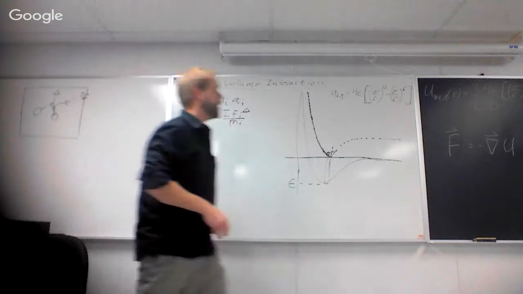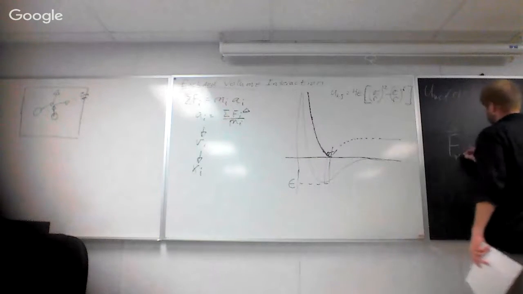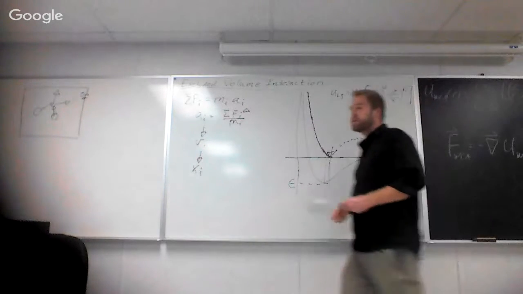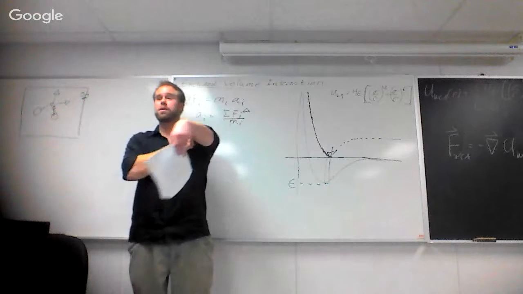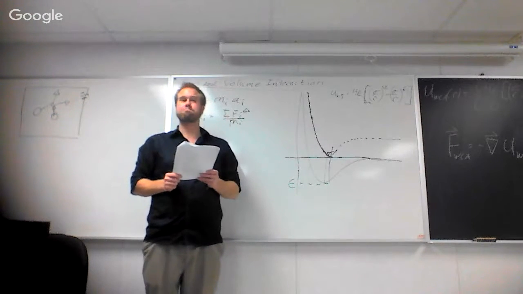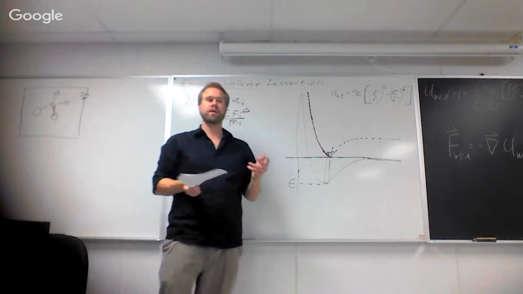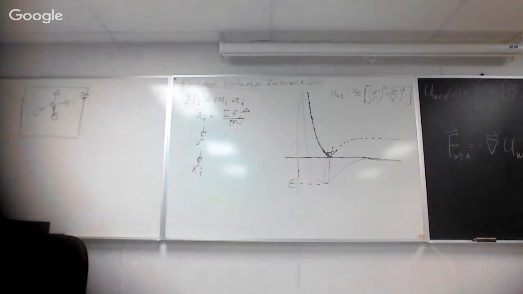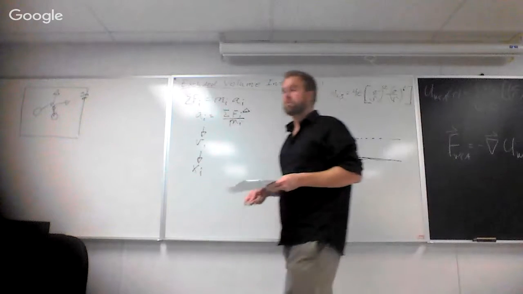So our WCA force is just negative the gradient of our WCA potential. And to get the gradient, because this is a central force, it's really only a function of r, and then you just have to take the different components in x, y, and z.